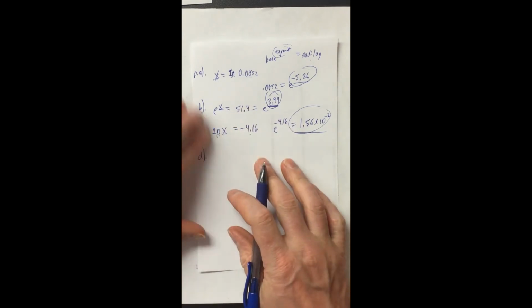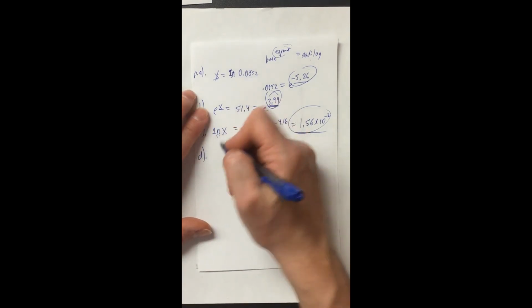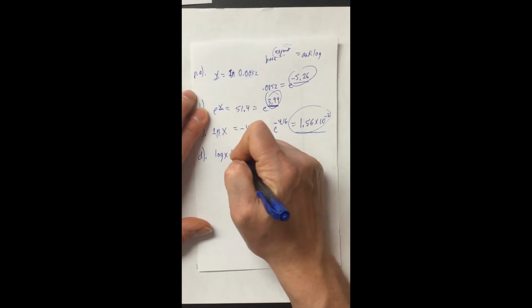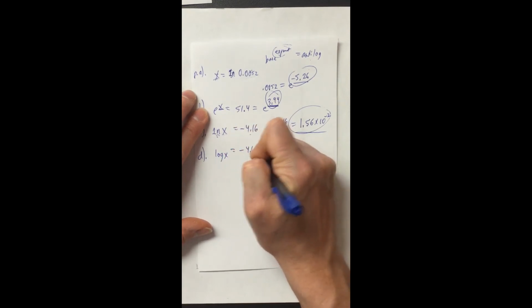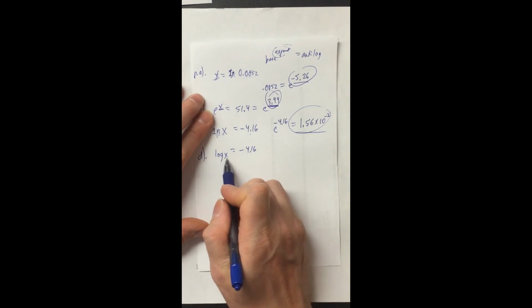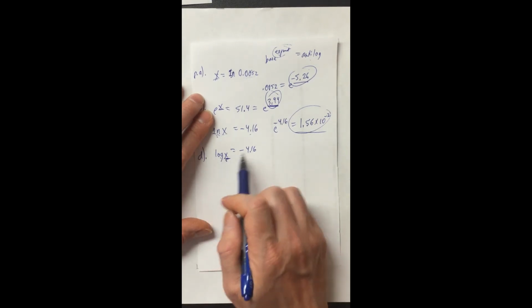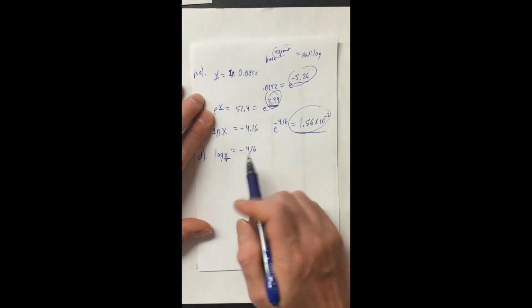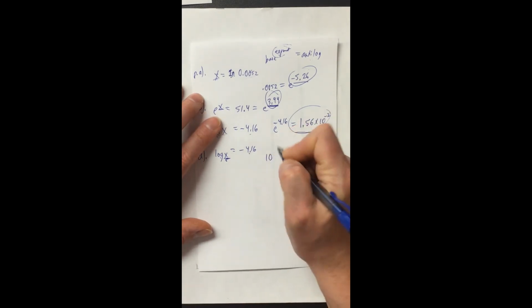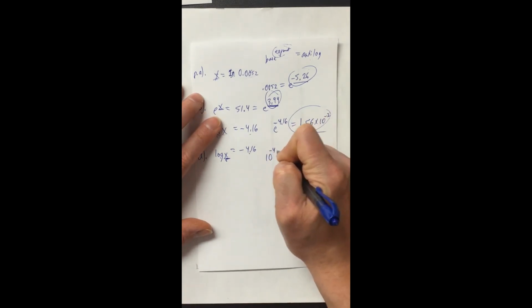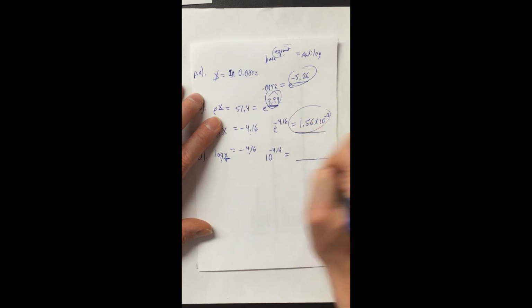Let's look at D. In D here, they do log of x is equal to -4.16. So the log of my x value here is going to my anti-logarithm. They're telling me what the answer to that is. So they're giving me the exponent. So they're saying 10 to the power of -4.16 is equal to what number, what anti-logarithm.